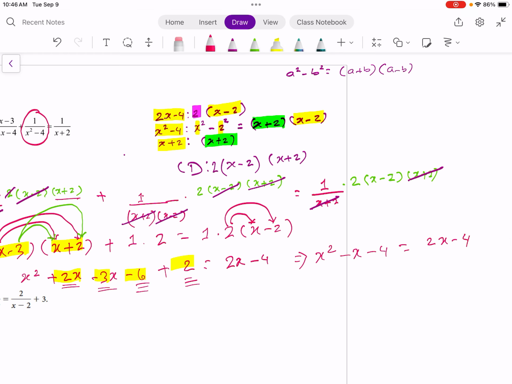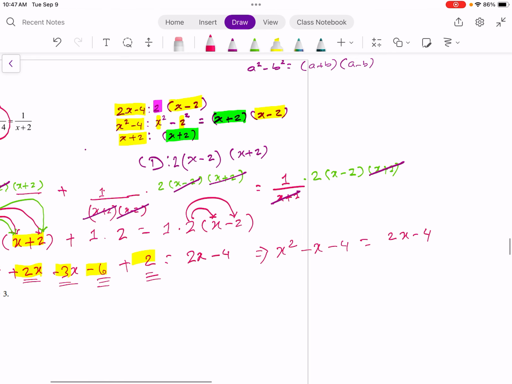Now, at this point, we all know the type of equation. What type of equation is this? What is the highest power of x? 2. And it is a quadratic equation. So to solve a quadratic equation, you can use the quadratic formula, factorization, or completing the square method. So let's rewrite in standard form. Rewriting in standard form means making 0 on one side.